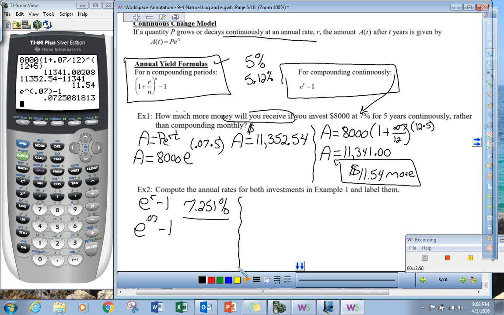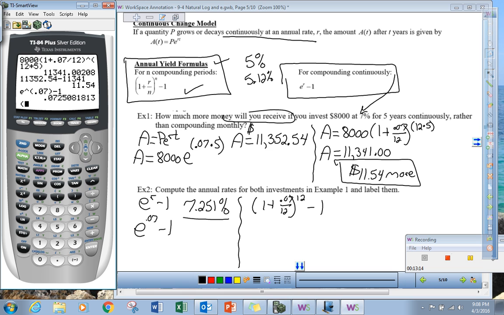If I look at the other one, the one compounded monthly, it's going to look like this. I'm going to use my formula right there. So I'm going to have 1 plus my interest rate of 0.07 divided by 12 raised to the power of 12, whatever that answer is, minus 1. Well, you know, we better get something kind of close to 7. So I got 0.07229.